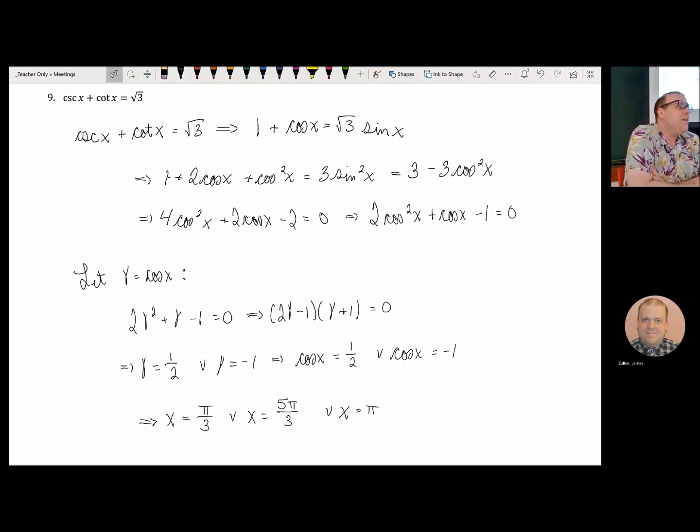What about pi over 3? Well, the good news is they're both positive. So now just plug it in, make sure it satisfies the equation. So cosecant of pi over 3 is 2 over root 3.